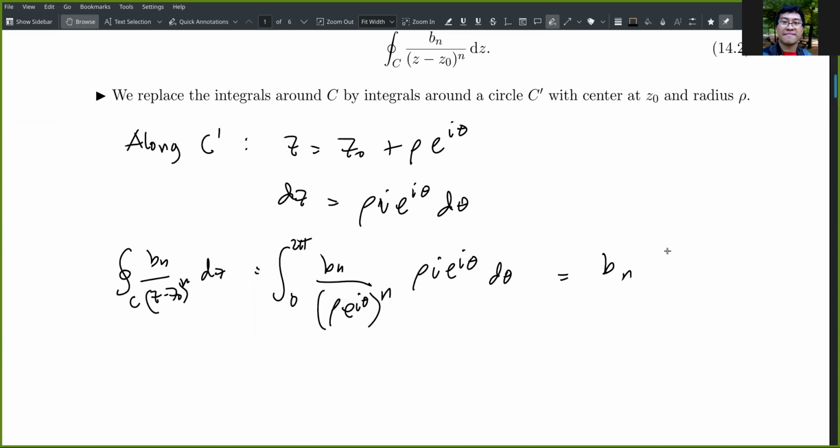One of the factors will cancel one of the n's here, so we have i over (rho e^(i theta))^(n minus 1) d theta.